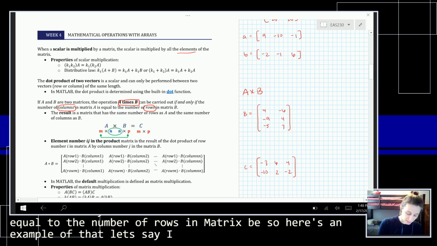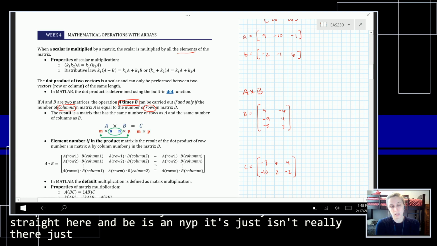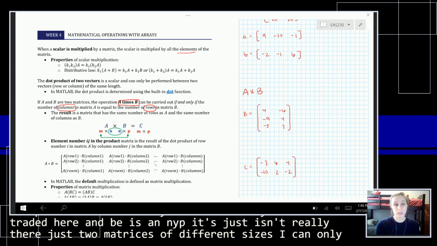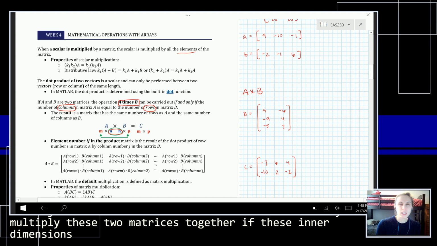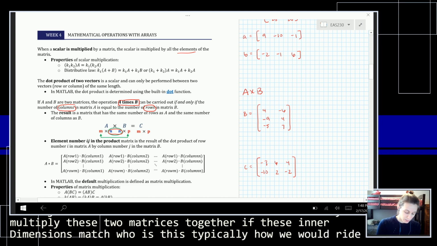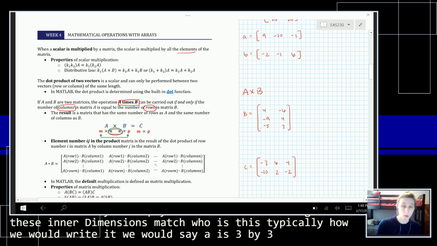Let's say I have A, an m by n, illustrated here, and B is an n by p. They're essentially two matrices of different sizes. I can only multiply these two matrices together if these inner dimensions match. So this is typically how we would write it: A is 3 by 3, B is 3 by 2.